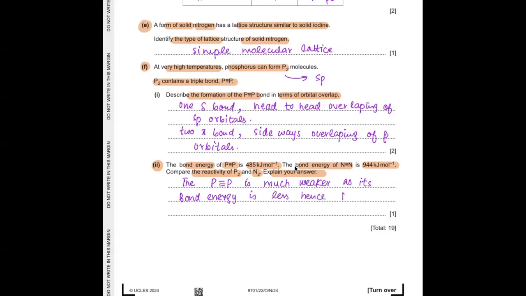Hence, P2 is more reactive than N2. Remember, the one whose bonds are stronger will not break easily, so it will not undergo a reaction quickly. The one with the lesser bond energy is going to break its bonds easily and will undergo a reaction quickly.